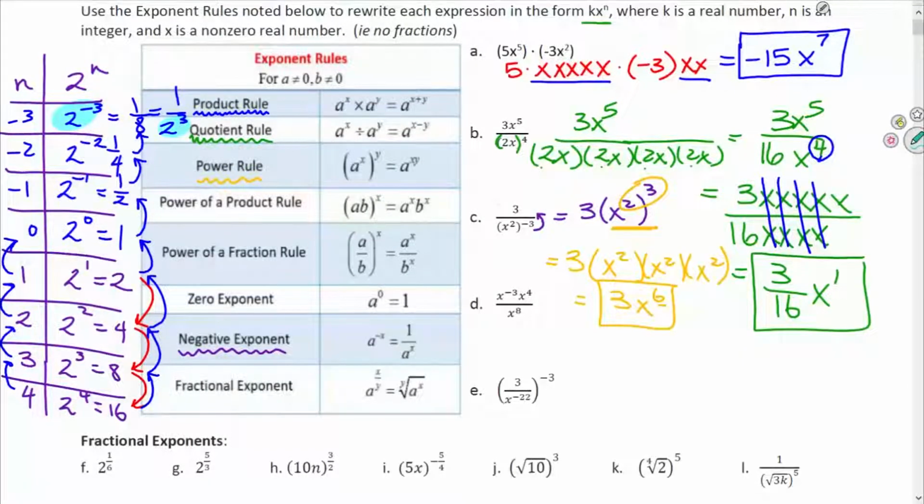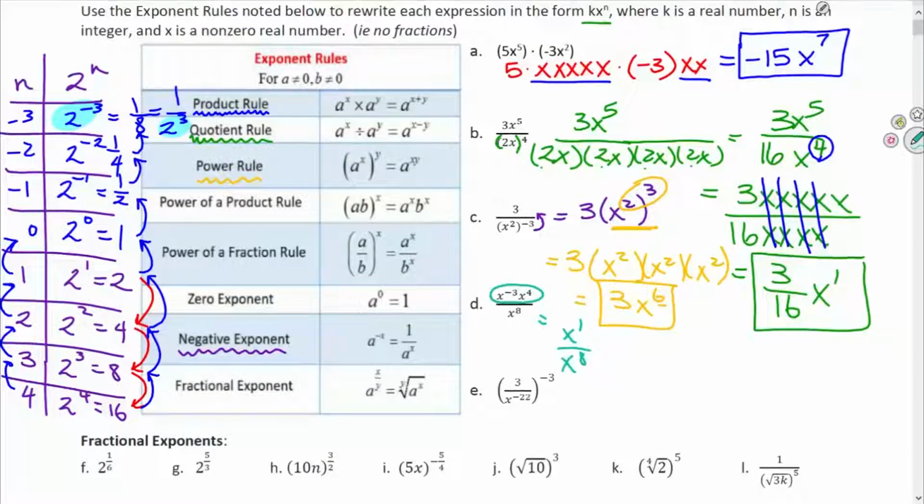Next, we'll do letter D, and we will kind of use the rules we've already been studying. So first, we have the product rule in the numerator. I have the same base, so negative 3 plus 4 is 1, and so I get x to the first power. x to the 8th is still there. And then I have the quotient rule.